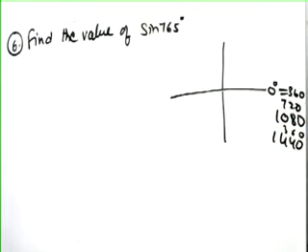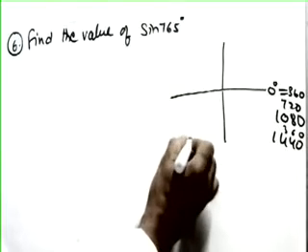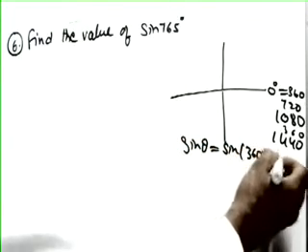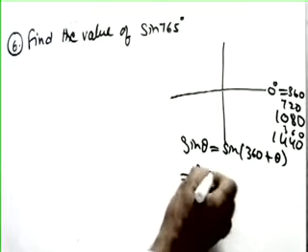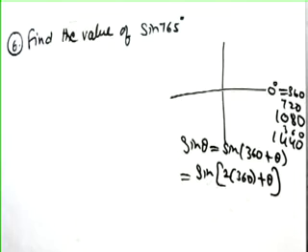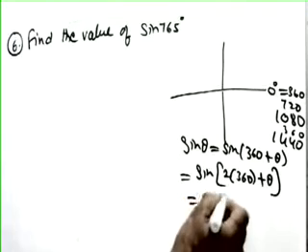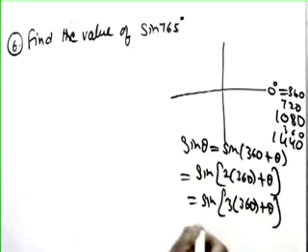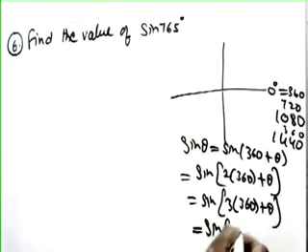So all of these are the same, meaning sine theta is the same as sine of 360 plus theta, or the same as sine of 2 into 360, that is 720, plus theta. This is the same as sine of 3 into 360 plus theta.